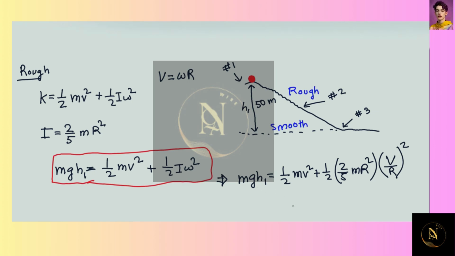We can get rid of the m part, and the r part is gone as well. If we simplify, we see that v squared is 10 by 7 gh1. Now this looks much better, so let me write down that equation one more time.